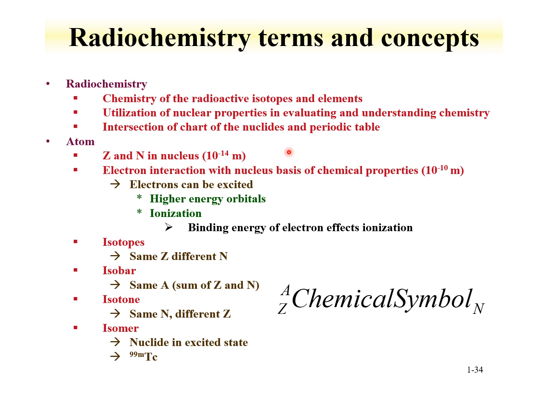So some of the things that we should understand when we talk about radiochemistry, let's start, since we want to talk about the nucleus and nuclear properties, let's start with that. The nucleus we can always describe as the number of Z protons and N number of neutrons in a nucleus. The diameter of the nucleus is about 10 to the minus 14 meters.